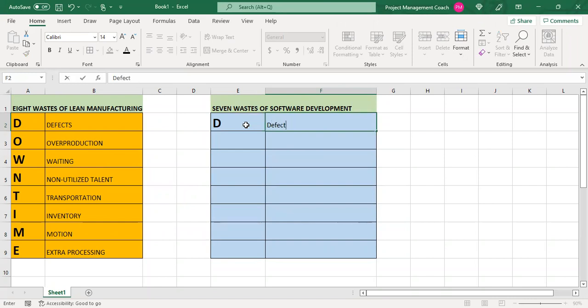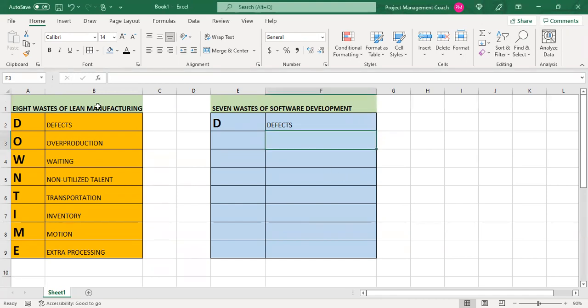Before we go any further, I probably should give you some of the background, because I know you're thinking at the time Lean started, there was not really a strong emphasis on the world of software, was there? So let's attribute this to the creators of this alternate universe, if you will. The Poppendiecks were responsible for converting the world of lean manufacturing waste to the world of software.